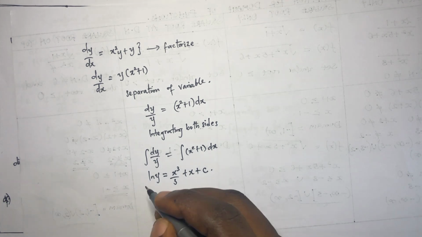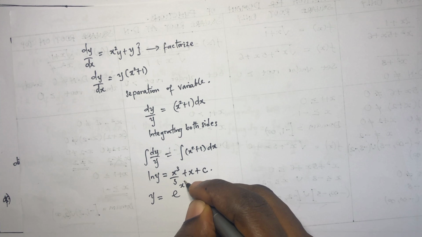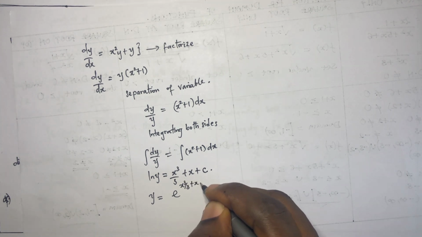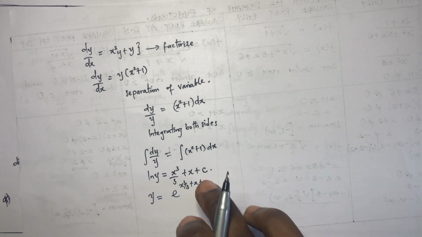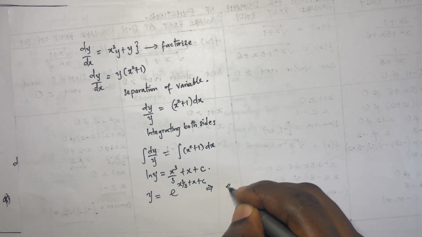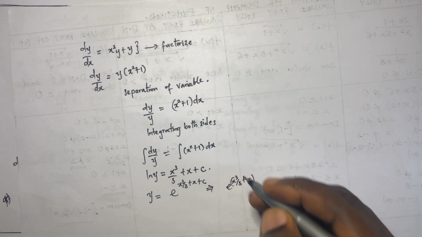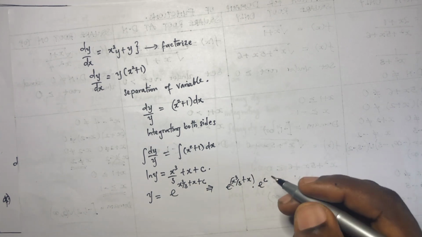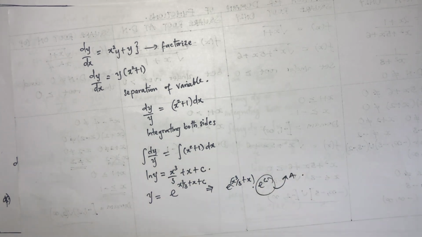Taking the antilog, y equals exponential x cubed over 3 plus x plus c. As usual, we can remove the constant. We have exponential x cubed over 3 plus x multiplied by exponential c, and exponential c itself is a.